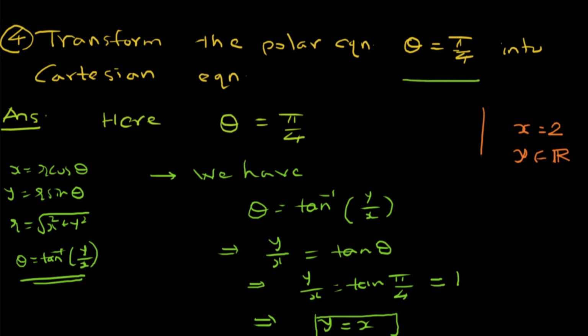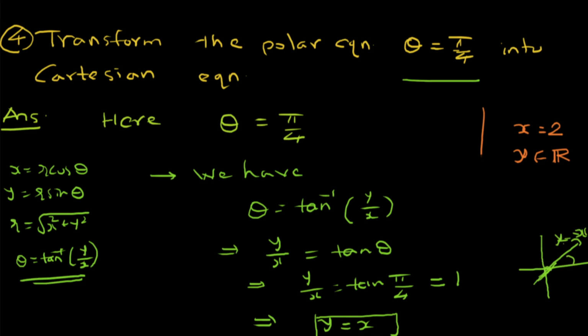And you know what this is? It is a straight line passing through the origin and making an angle of 45 degrees. Y equal to x.